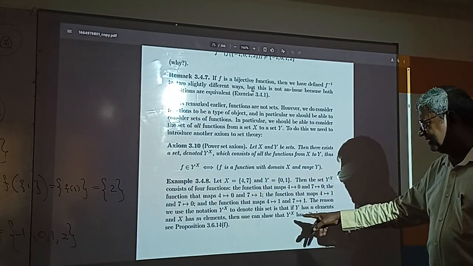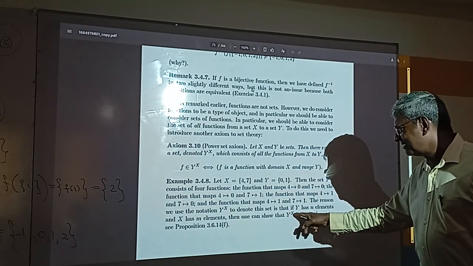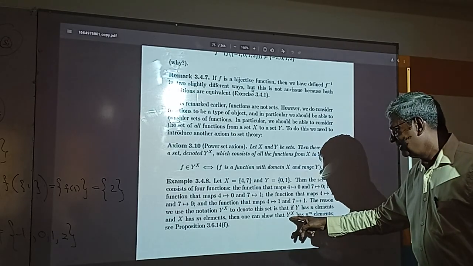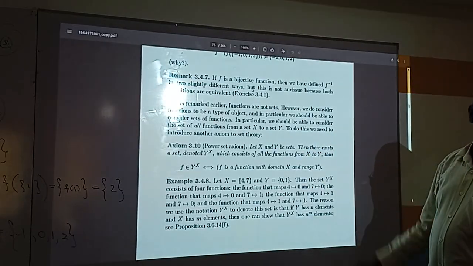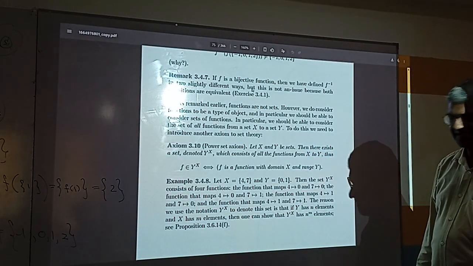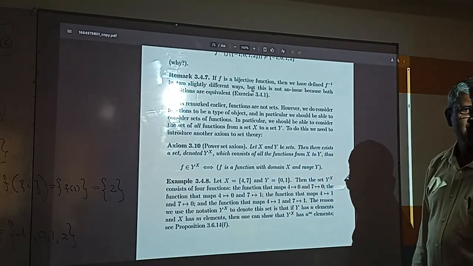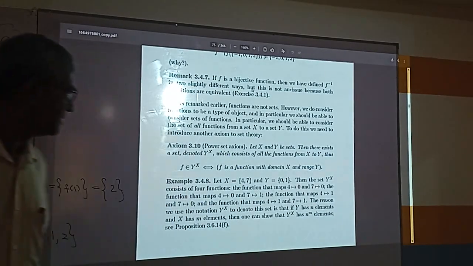In other words, the number of elements in Y to the X is the number of elements in Y raised to the power of the number of elements in X. So that is why instead of writing X to the Y, we wrote Y to the X. That's the reason.